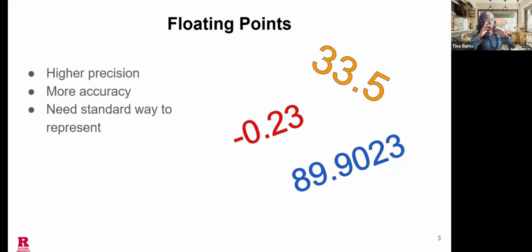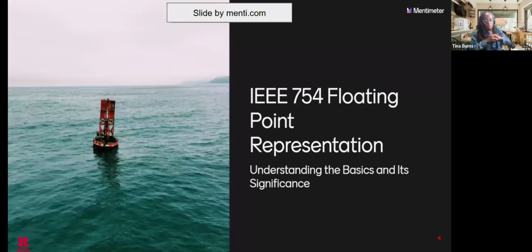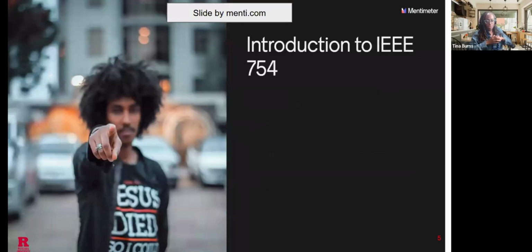So engineers got together and they wanted to find a way to standardize the representations of these so that you can implement them easily into computers. So that's where this IEEE 754 floating point representation comes into play. So we're going to go through that and just kind of get the basics of it down packed.